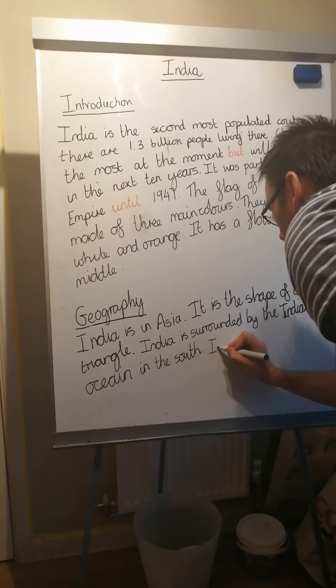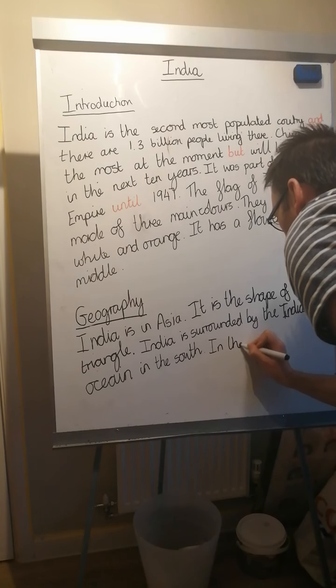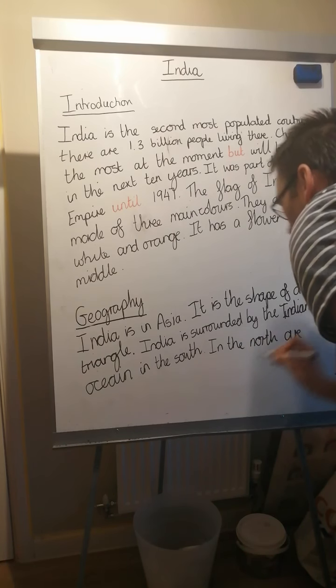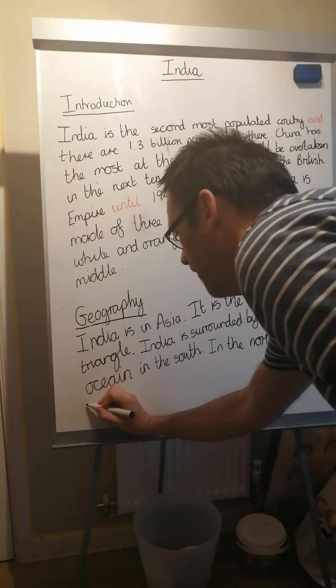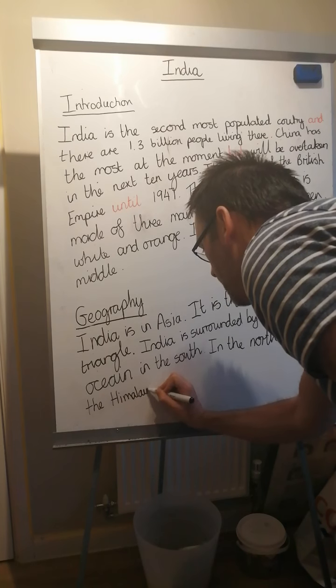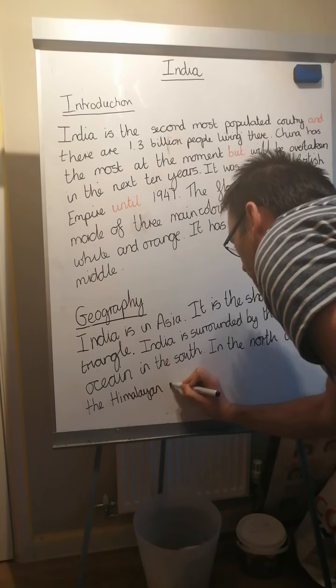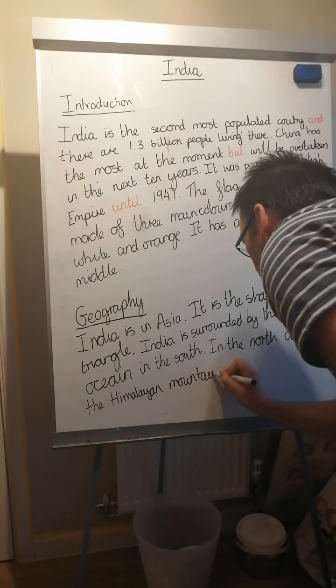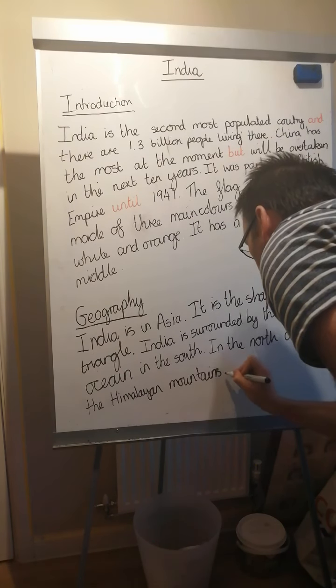In the north are the Himalayan, again it's a name, Himalayan mountains. The tallest mountain, and you could put a bit of extra information saying that they are the tallest mountains in the world.